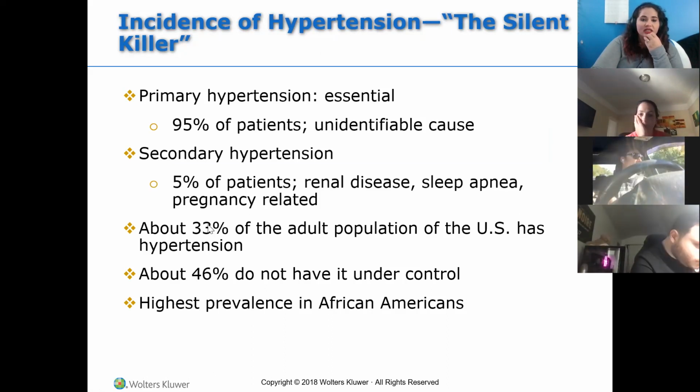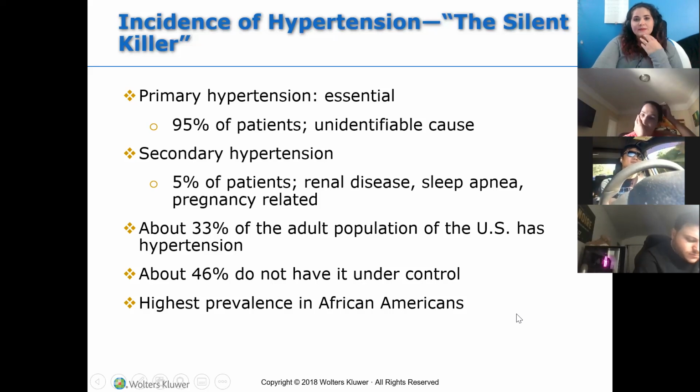So this is a really big deal that almost 50% do not have it under control, because hypertension needs to be controlled. If it's not, it can lead to damage of other organs. With hypertension, you don't really have any indicators saying, hey, you have high blood pressure. Yes, it leads to increased workload on the heart.